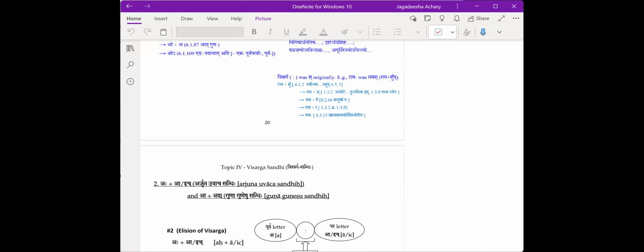If you are breaking the sandhi, it's warning you that you have to add either an akara for both the words, one each, or two akaras, or one dirgha a to the beginning of the second word or to the end of the first word. That means there are two or one unpronounced akaras.